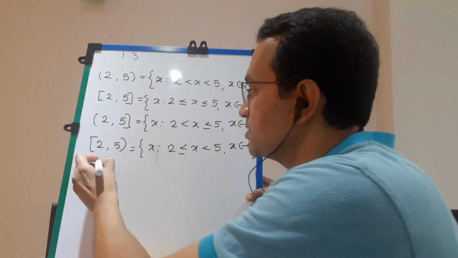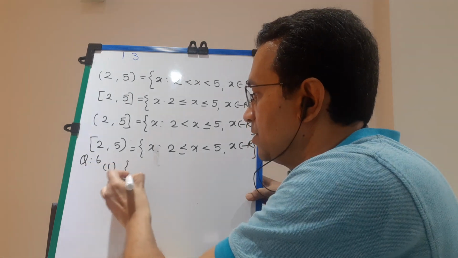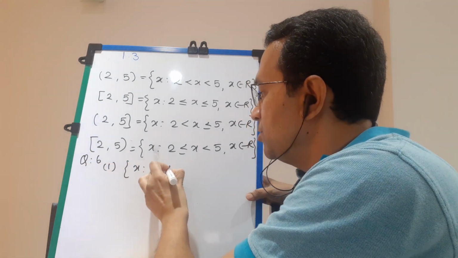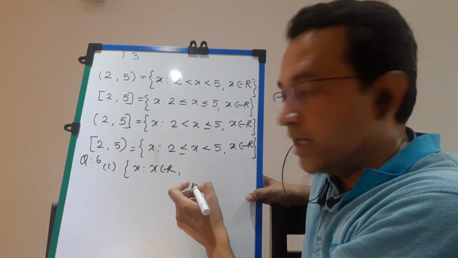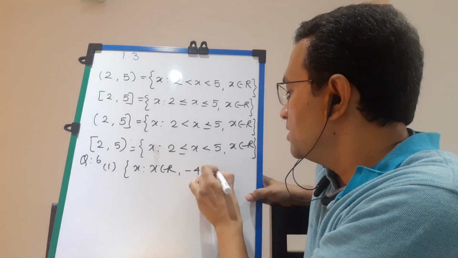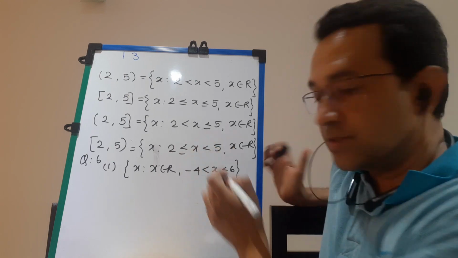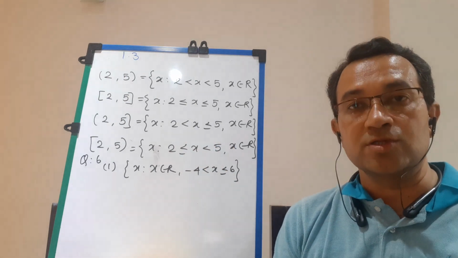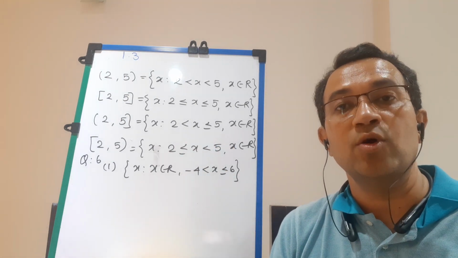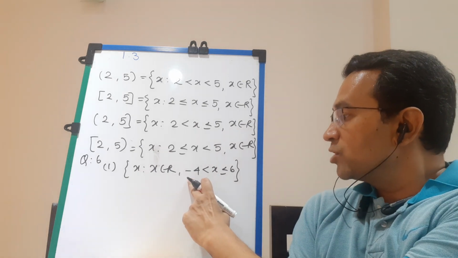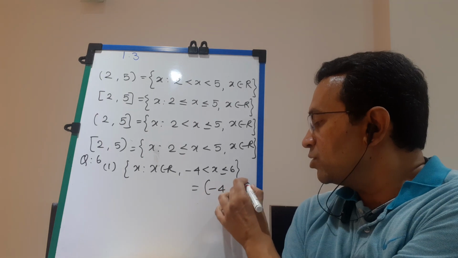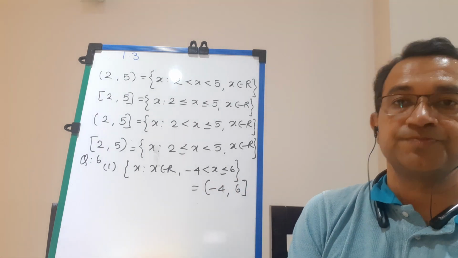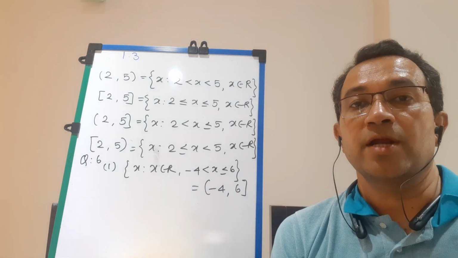Where it is equal to, it will be closed, and where it is only less than, it will be open. So minus 4 is open and 6 is closed. So this is written as open minus 4 to closed 6. That's all. This is your answer, students.